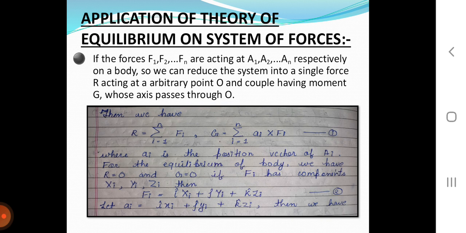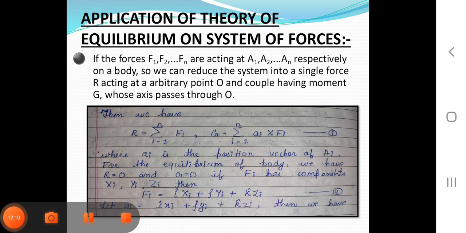If Fi has components Xi, Yi and Zi, then Fi can be written as i cap Xi plus j cap Yi plus k cap Zi. Let small ai equal i cap small xi plus j cap small yi plus k cap small zi.